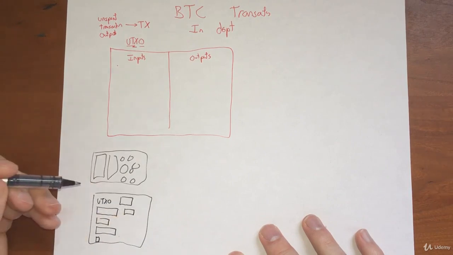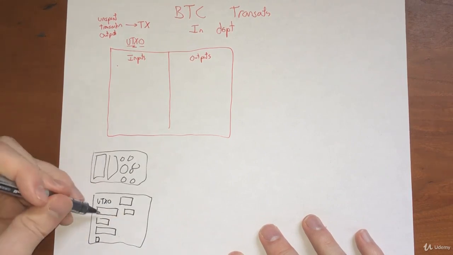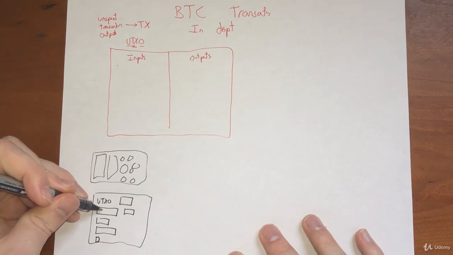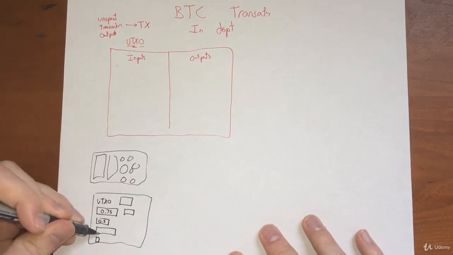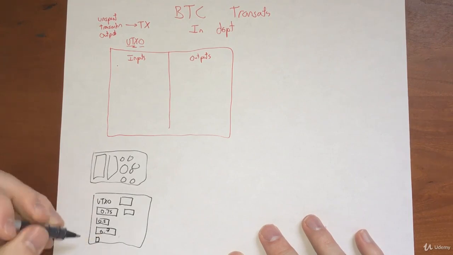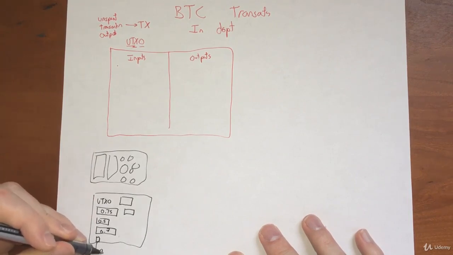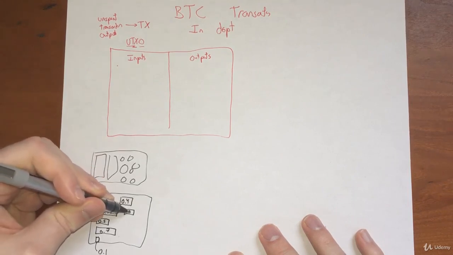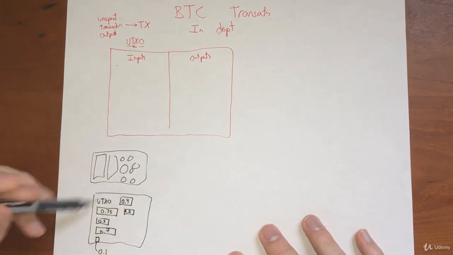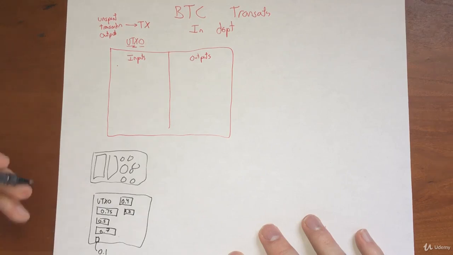And to send value, so let's say this is 0.75 Bitcoin, this is 0.5, this is 0.7, say 0.1, 0.4, 0.3. Okay, you've got all these random amounts.